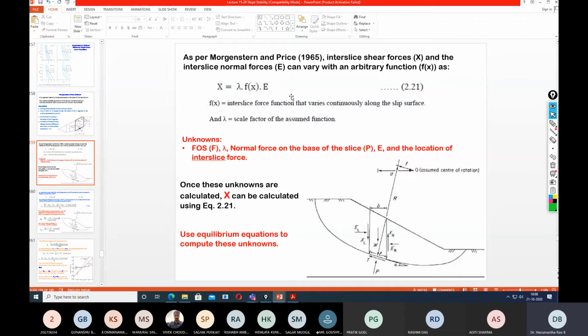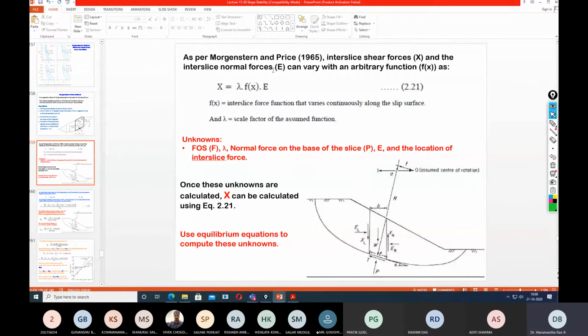Okay, so as per this method, they evolved a new function, that is X equals lambda into f of x into E. Now what is X and what is E? So X is the interslice shear force. They represented everything in a mathematical functional form.